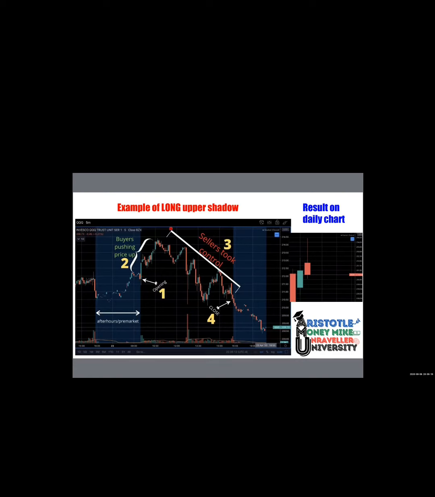If I was to take my pen and draw out how it looked, prices opened there, went as high as here, and then sellers came back in control to push the prices back down, but then it closed somewhere near here. If I was to fill that in, that would be my candlestick.